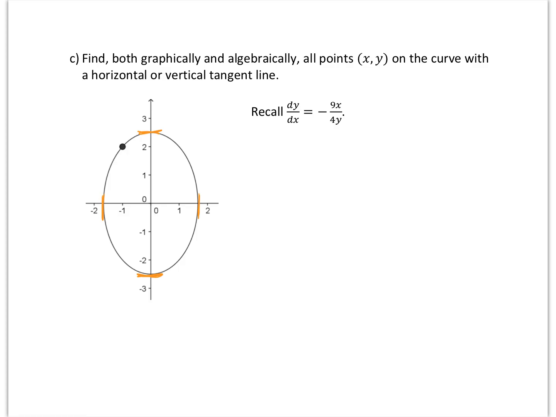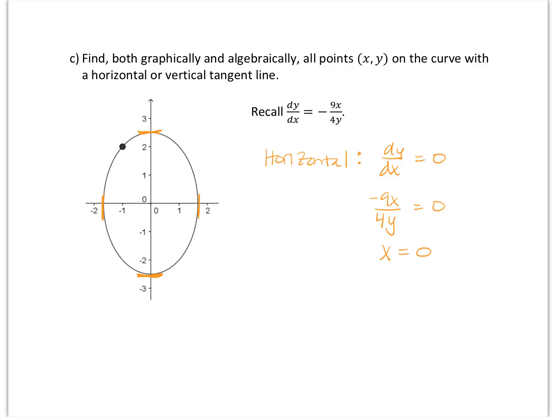Places where the tangent line is horizontal happen when your derivative is 0. So that happens when dy dx equals 0, which happens when negative 9x over 4y equals 0, which happens when x is 0. Doesn't matter what y is. If x is 0, that whole fraction is going to be 0.